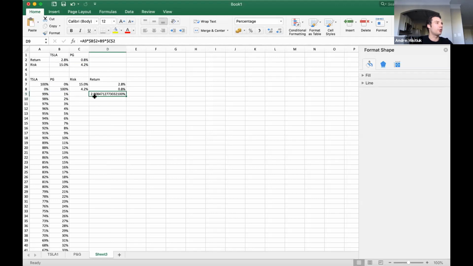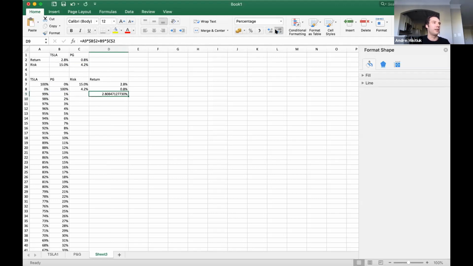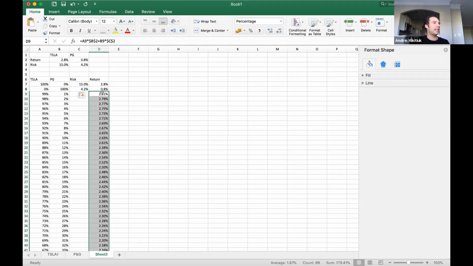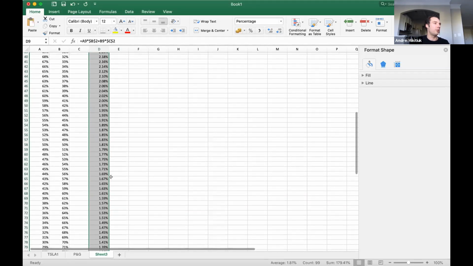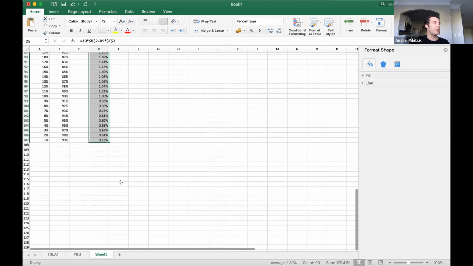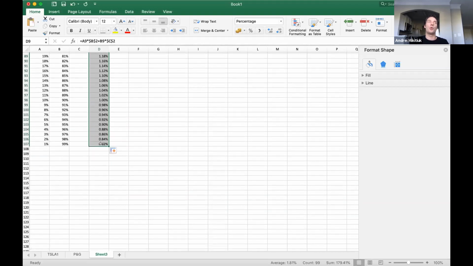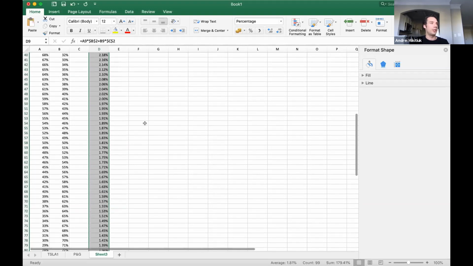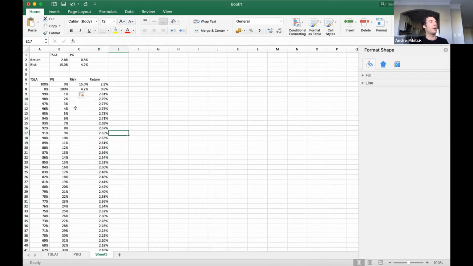And it's very close to 2.8%. It's almost the same as Tesla. That's what we expected. Nothing contrary to our expectations. And we can see that returns, as we go down in Tesla, go slightly down, and at some point we reach 0.8%. So returns, that's what we expected.